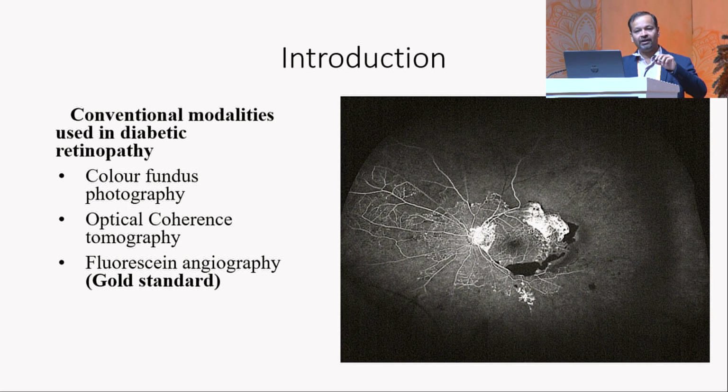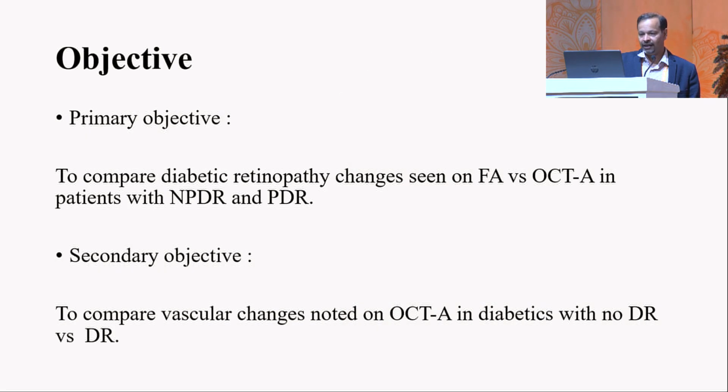Of late, for the past decade or so, we have been using ultra-wide field imaging, and it has changed the way we look at diabetic retinopathy, because while it was considered a predominantly mid-peripheral disease, now with ultra-wide field angiography we know that diabetic retinopathy is not limited to the posterior pole, and it can extend to the periphery of the retina as well.